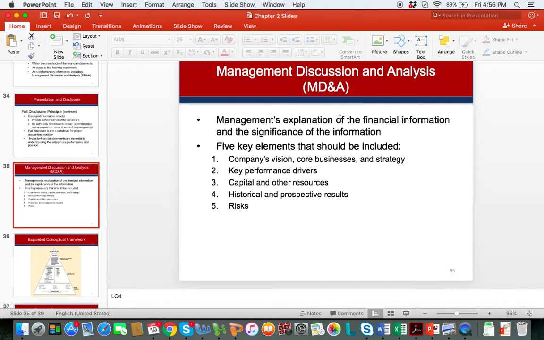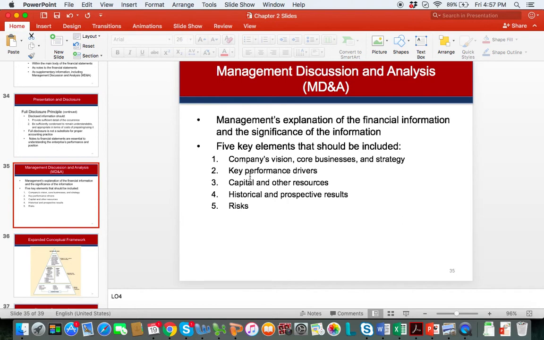So management's explanation of financial information, so we're talking about this management discussion and analysis. There are 5 key elements, and basically this is like what you'd see in an annual report. You'll have stuff like the president's letter, and then a section for a company's vision, core business, and the strategy of the business. The key performance indicators or drivers.